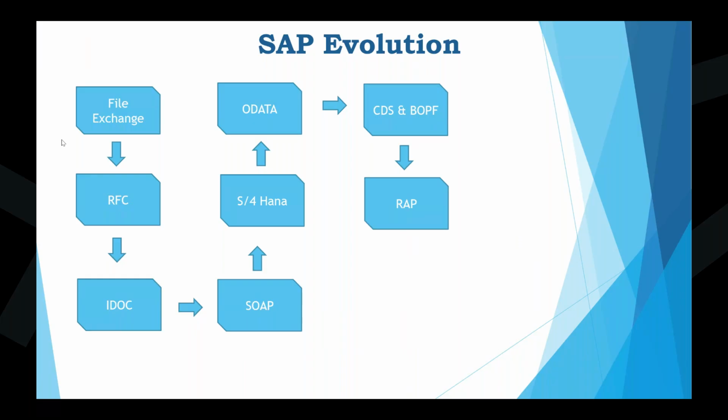Even today, most clients send their file data from one server to another or to externals through SFTP and FTP. Using this concept, we are able to send the data in files.